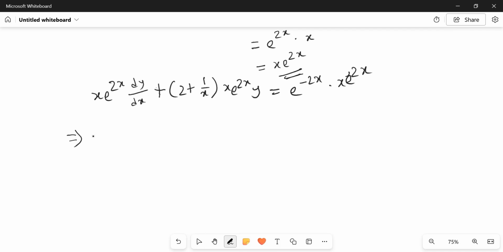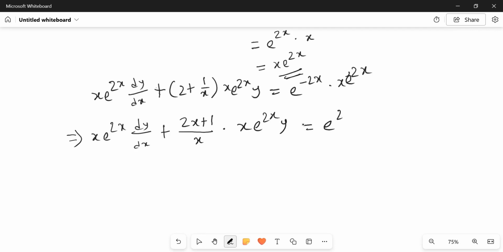If we simplify it, we get x e to the power 2x dy by dx plus (2x plus 1) times x e to the power 2x y equal to e to the power minus 2x times x e to the power 2x. Here e to the power minus 2x and e to the power 2x will cancel out, so we get x.